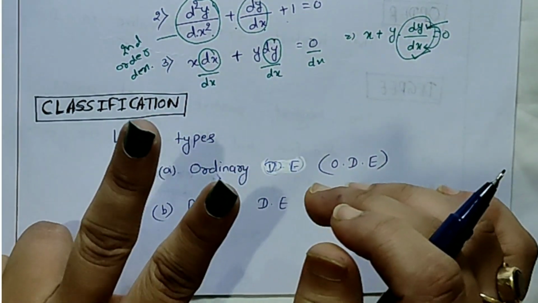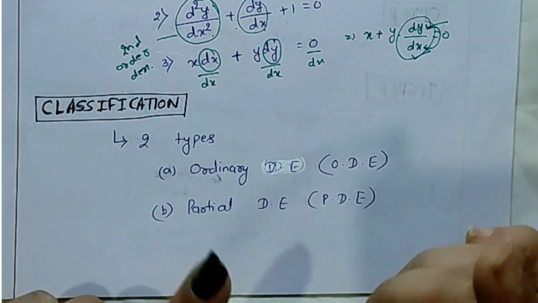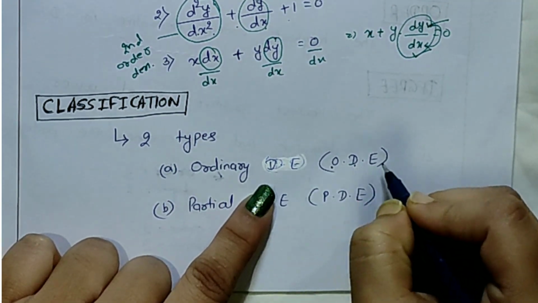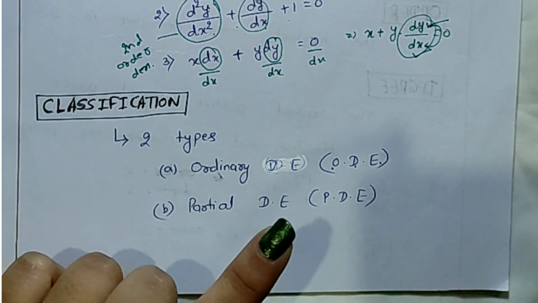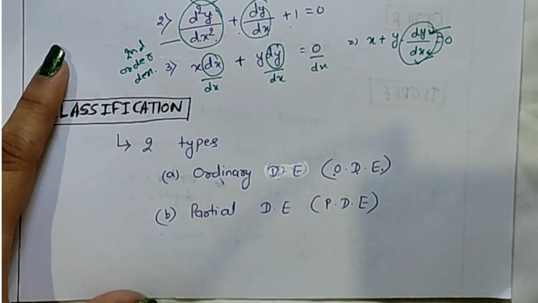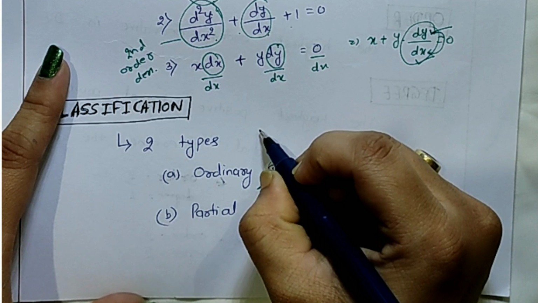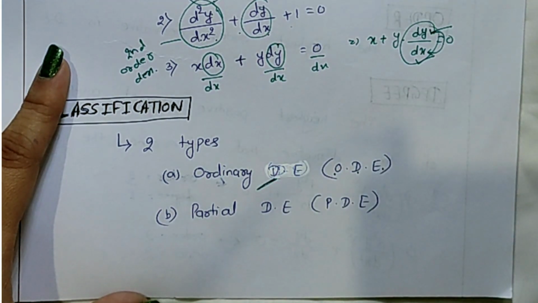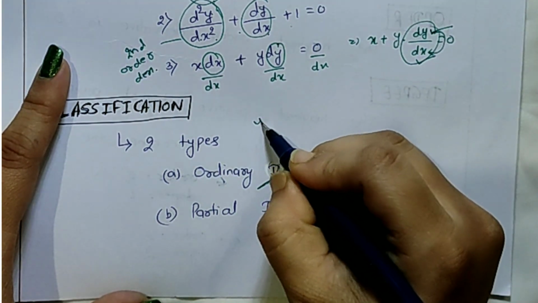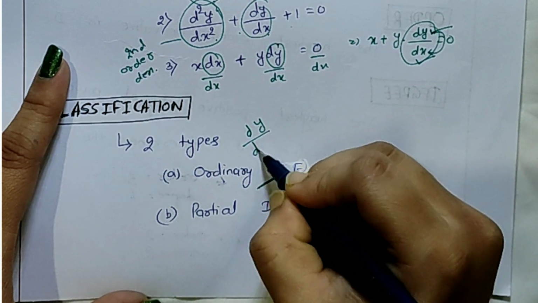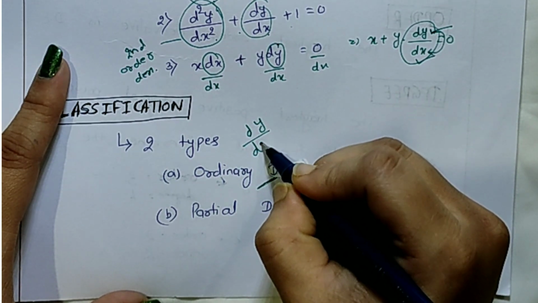Then let's have the classification. There are two types of differential equation. One is the ordinary differential equation and the other is the partial differential equation. In an ordinary differential equation, we have the derivative of a dependent variable with respect to a single independent variable.